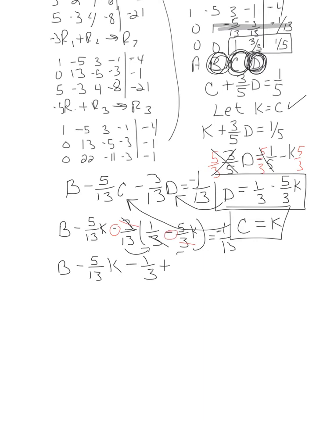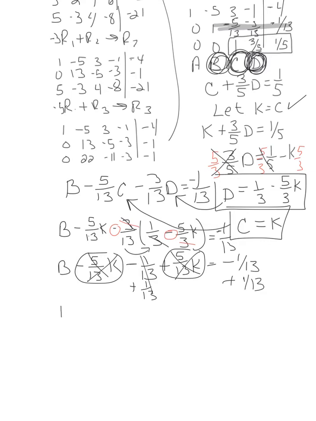So we've got plus 5/13 k equals negative 1/13. Okay, let's get all this stuff together. There's a negative 5/13 k and a positive 5/13 k. That adds up to 0. I'm going to add 1/13 to both sides. And sure enough, b equals 0.